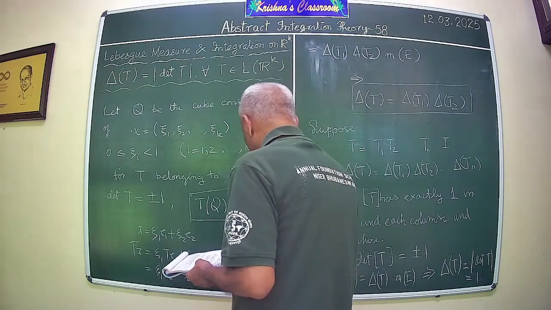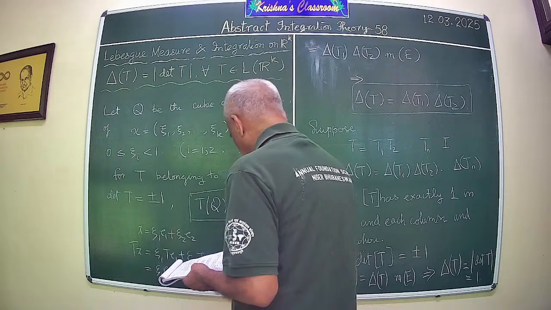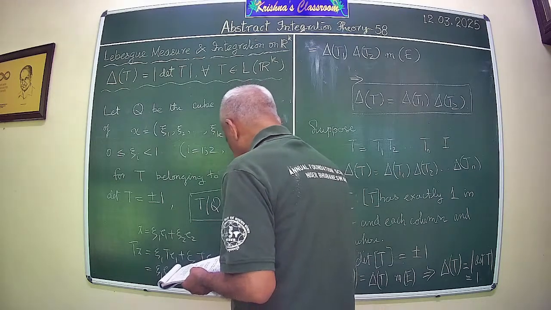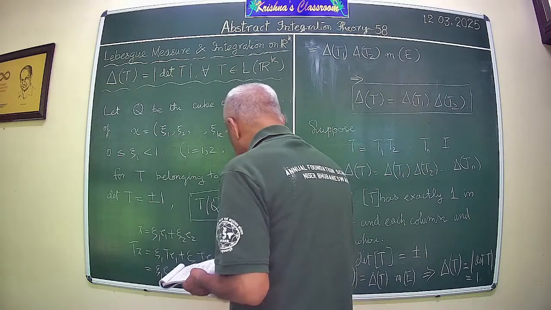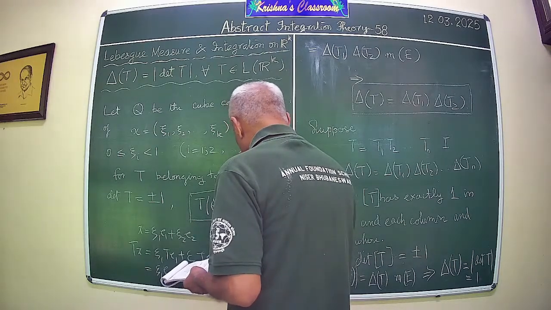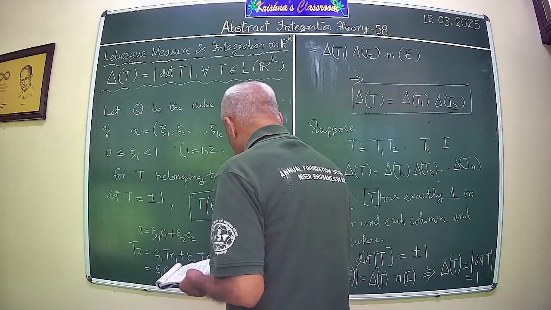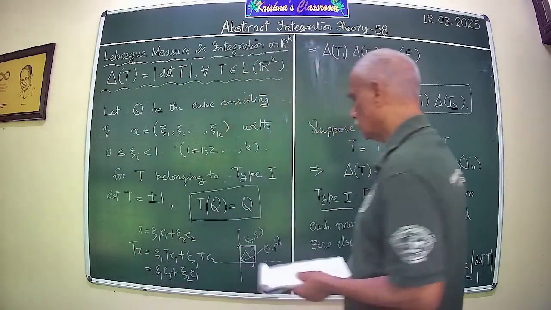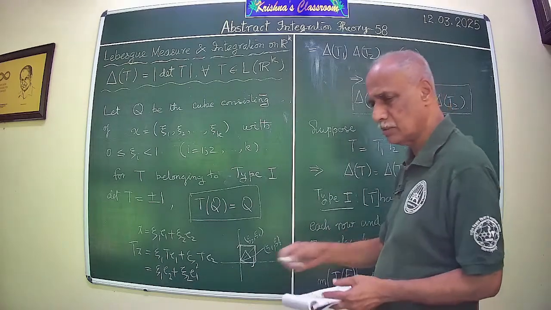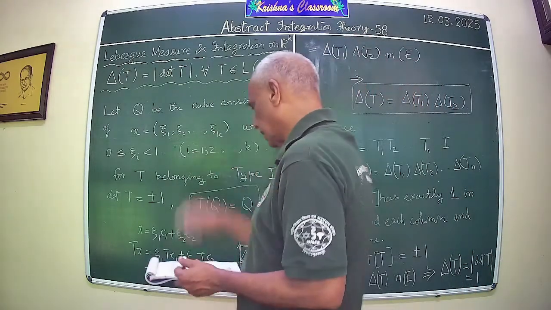Suppose you take this point and flip it across, and this point is mapped to this point. These are the coordinates. So that's the transformation that you get there.